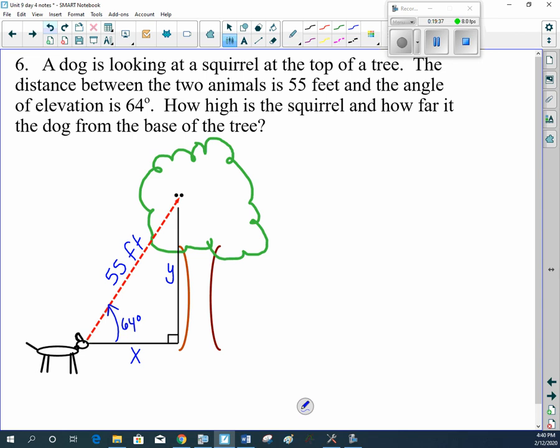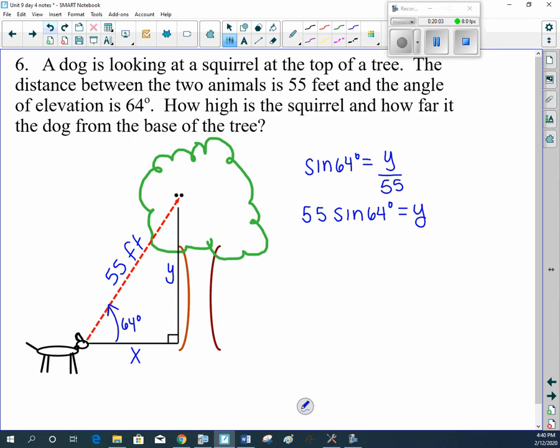So we'll just go ahead and do two different trig functions. So I think I'll do how high the squirrel is first. So that's going to be sine theta. So I would say sine of 64 degrees equals opposite over hypotenuse. And then I would just solve that, multiply both sides by 55. So the sine of 64 degrees times 55 will equal y.